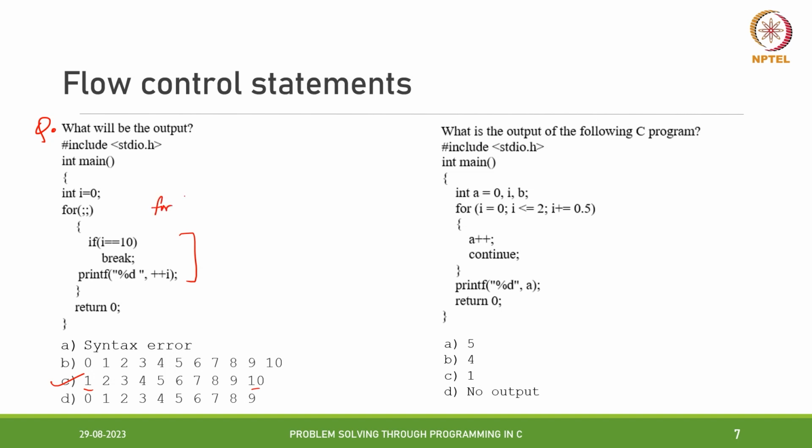Because whenever you write init, semicolon, condition, semicolon, increment, these two semicolons still have to be there, even if you are not writing any initialization, condition, or increment. The semicolons will still have to be written. That is the syntax. So that is why it is still there.